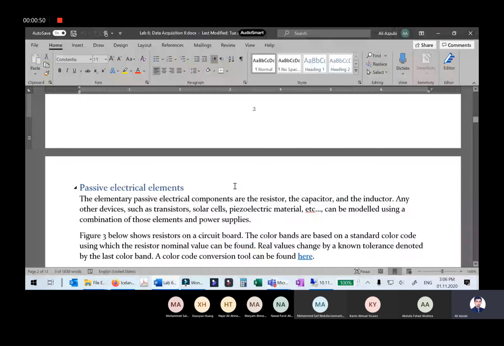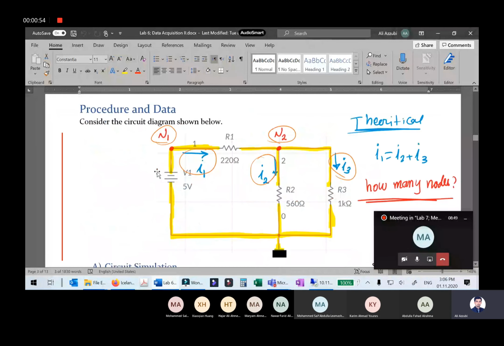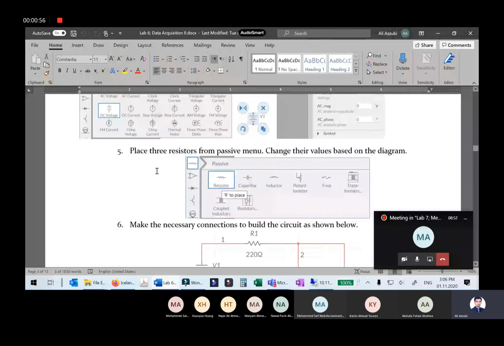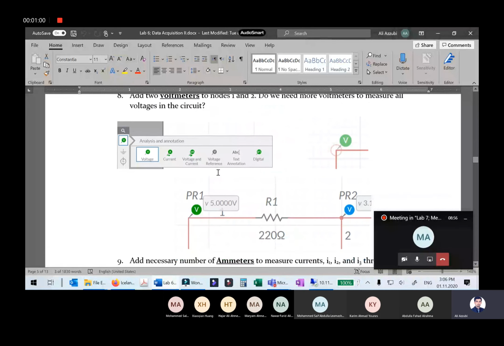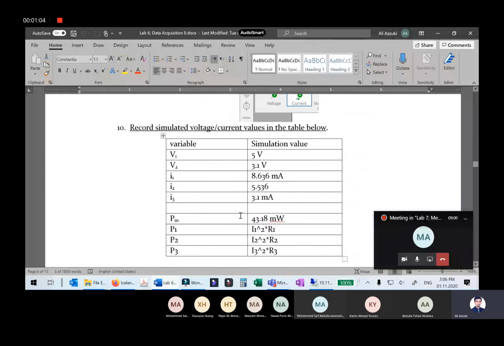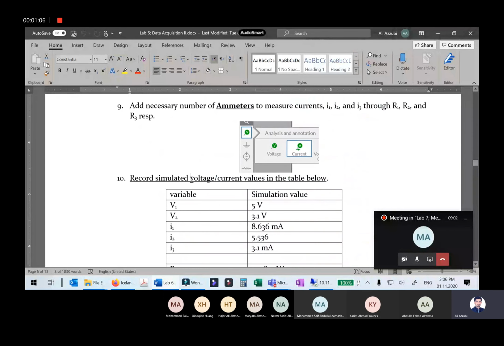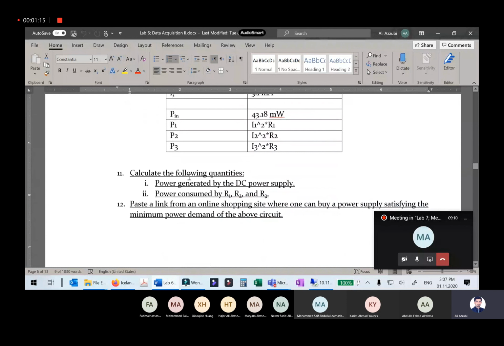So the rest is clear here in the manual. You have questions. Let's take, for example, the first one. You need to show your data. I underlined all of these steps that require answers in your report. Calculate, of course.